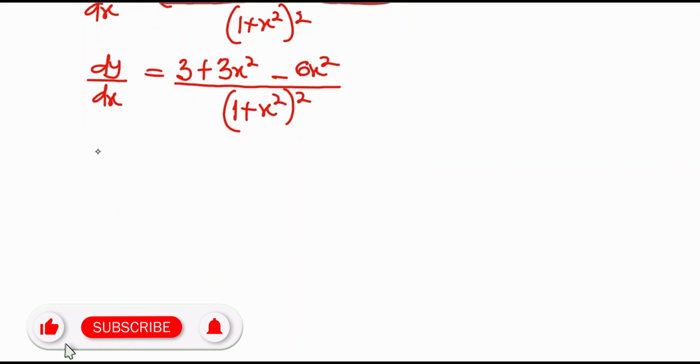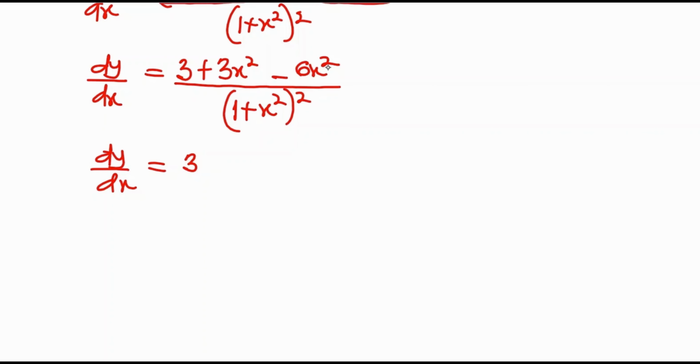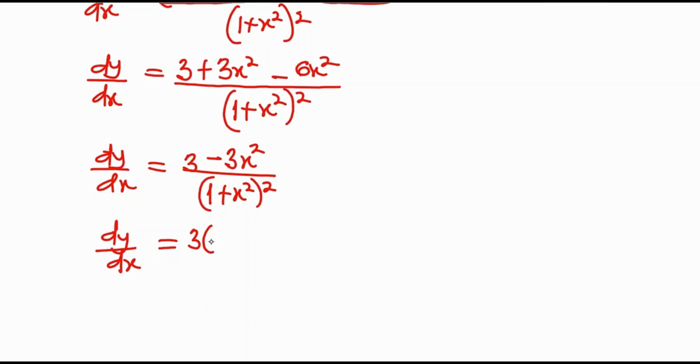We continue with further simplification: we maintain 3, and then 3x squared minus 6x squared gives us minus 3x squared, all divided by 1 plus x squared all squared. Further simplification: 3 is common at the numerator, so we factorize 3 out, and that gives us 1 minus x squared. Now we divide by 1 plus x squared all squared, and this becomes the solution to example 1.